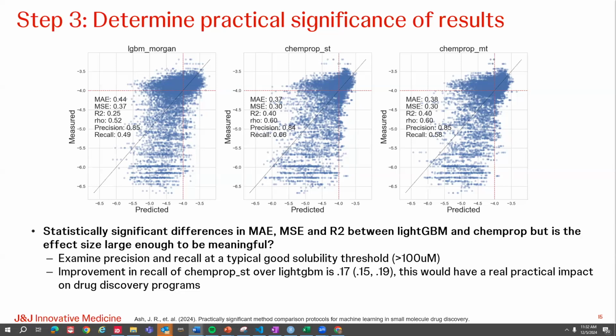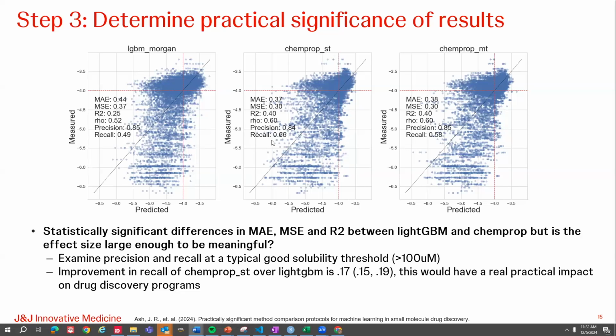practice. To get an understanding of this, we use this post hoc classification here with the 100 micromolar threshold and measure performance in terms of precision and recall. We observe that the precision stays more or less constant across methods, but recall is substantially lower for LightGBM.